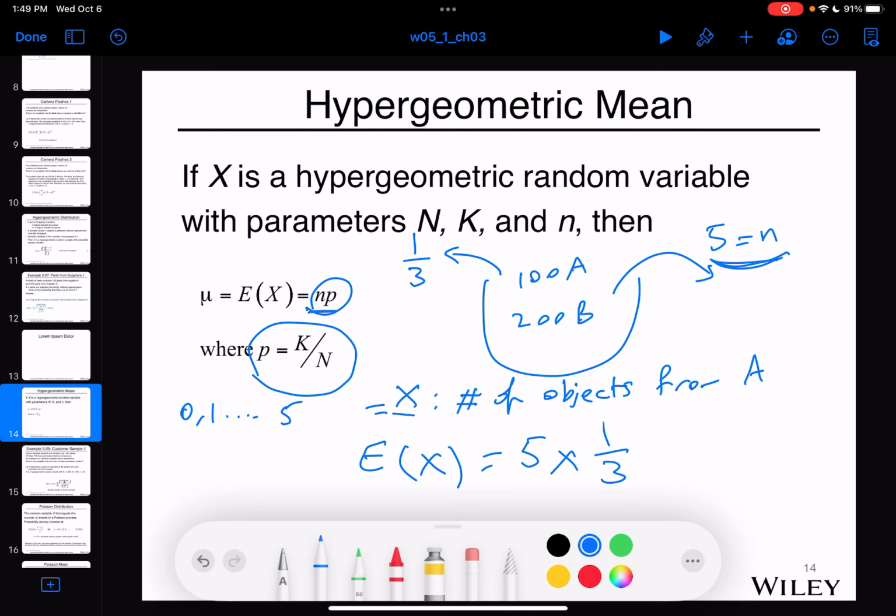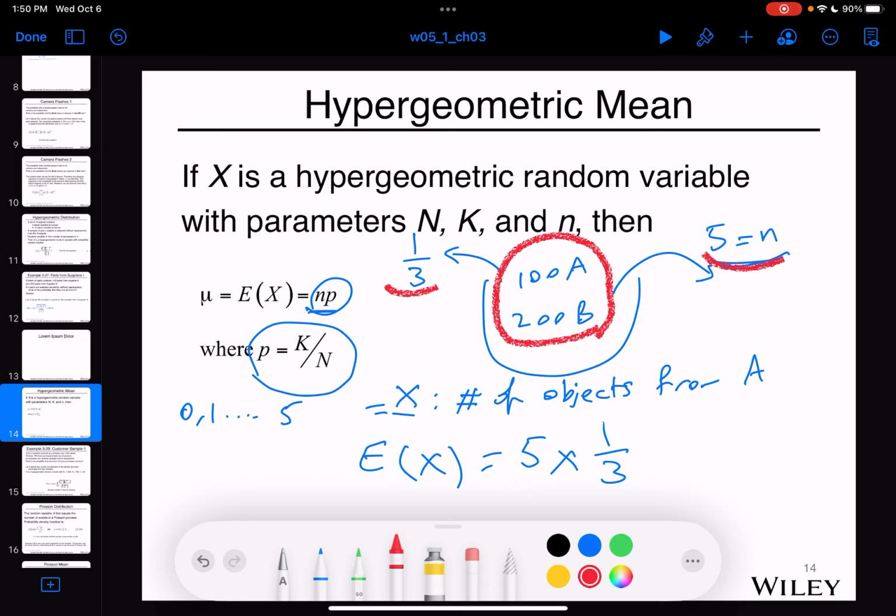So again, I repeat. In this bowl, I have 100 from supplier A and 200 from supplier B, right? Instead of choosing 5 objects, I assume I'm choosing 1 object. If I choose 1 object from this bowl, in average, how many objects do I have from A? 1/3, right?